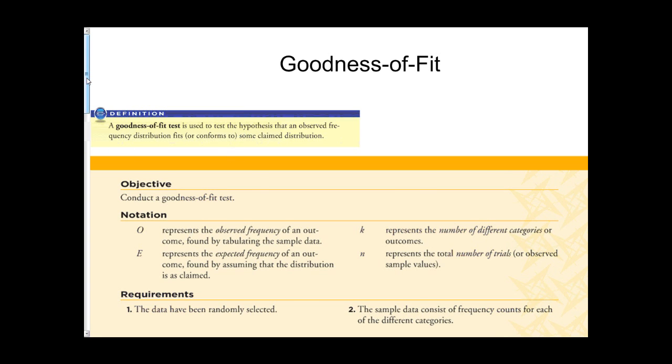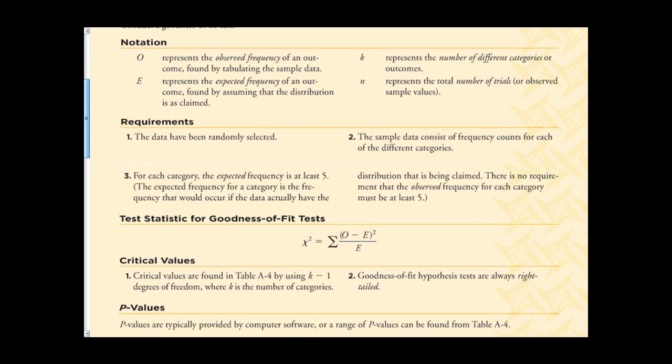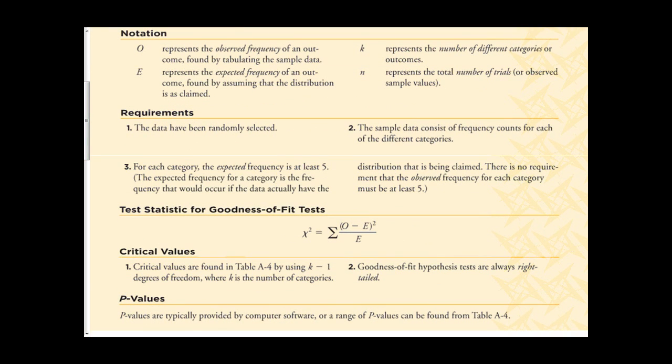All right, so let's take a look at some of the notation we're going to have to use. O is going to represent each observed frequency. So we're going to have a list of frequencies that we saw, like in that last example, and we're going to label each one of those frequencies O. And then E is going to be our expected frequencies.